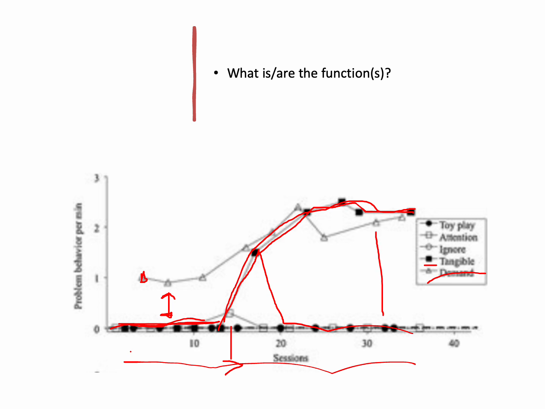So now, because I see this clear differentiation between these two data paths and the other data paths, I can confidently say that this behavior is maintained by access to tangibles and by escape from demands. And I know it's not maintained by the attention or by automatic reinforcement because I can see that in all the other conditions, down here, the behavior never occurs. So again, this behavior is multiply controlled.